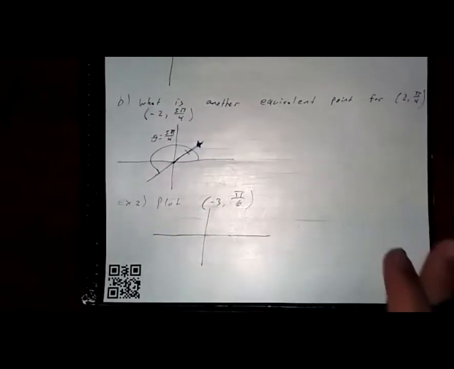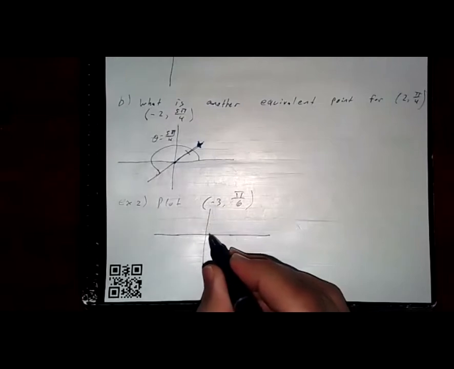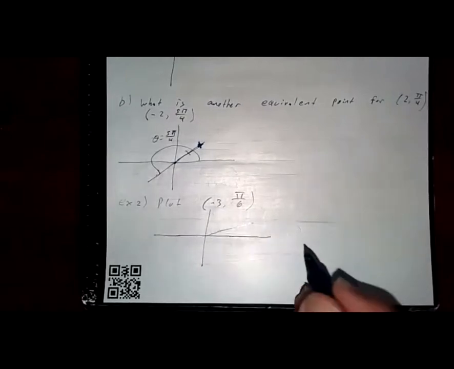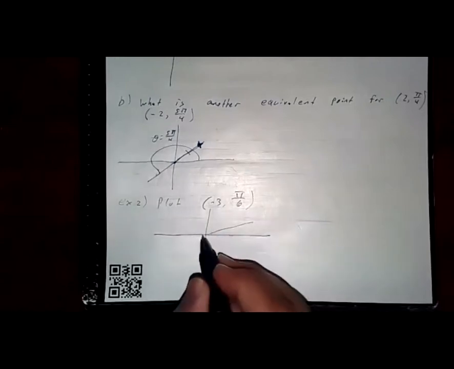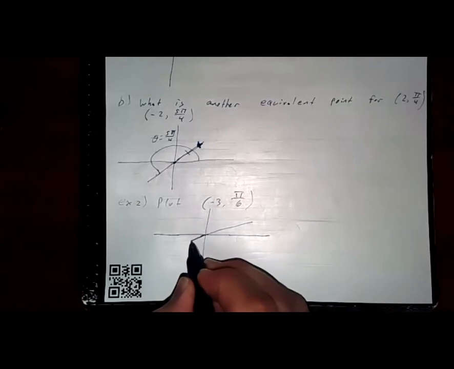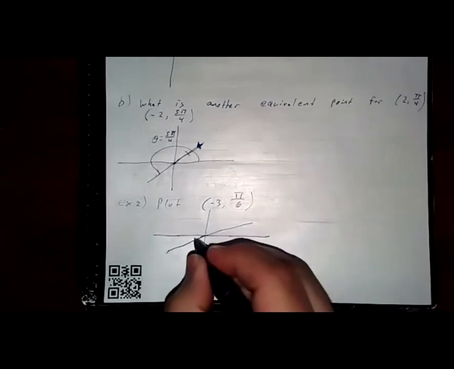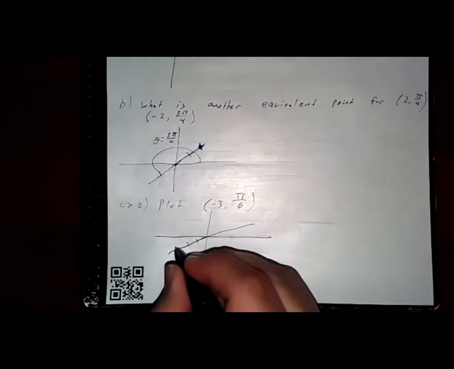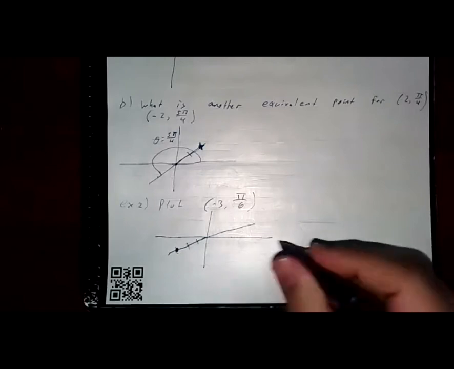Yeah, it's 30 degrees, right? So find the angle first to get a reference of what's going on. So I'm about down here somewhere. Then we'll go -3, so that means it'd be over here, right? So the point would be 1, 2, 3. So somewhere over here. Does the main idea make sense?